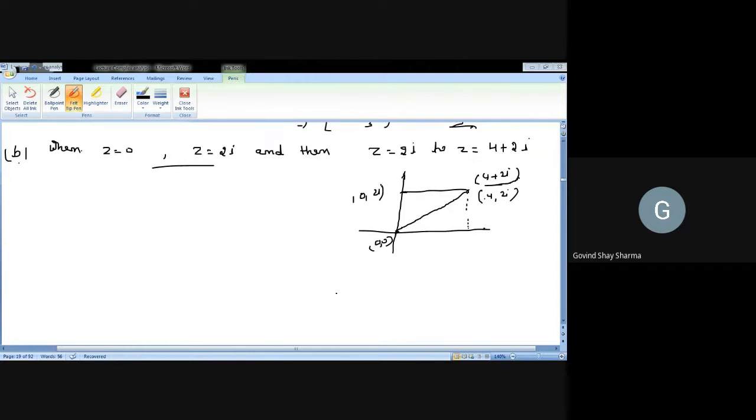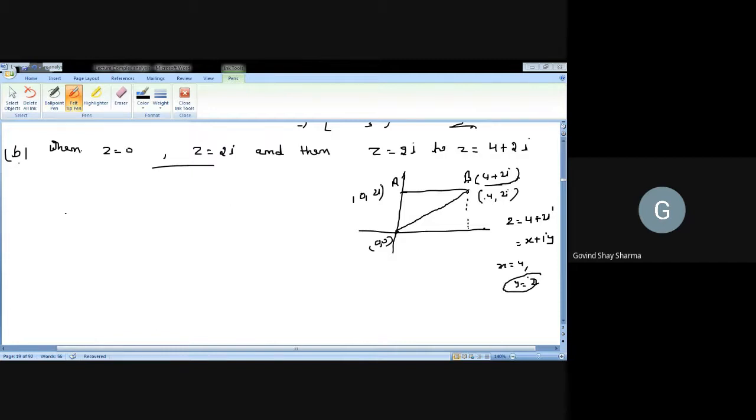Now we have OA. Actually, z is equal to 4 plus 2 iota. Here we can compare x plus iota y: x is equal to 4, y is equal to 2. So we can write 4 and 2 iota.